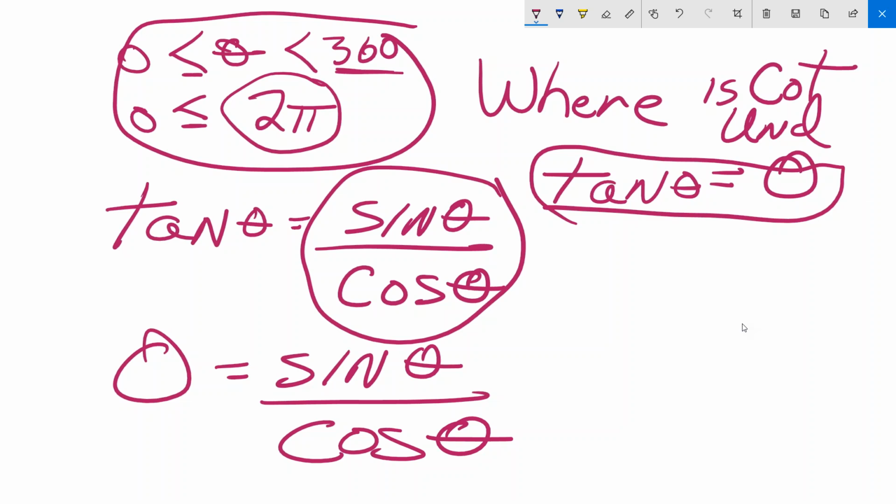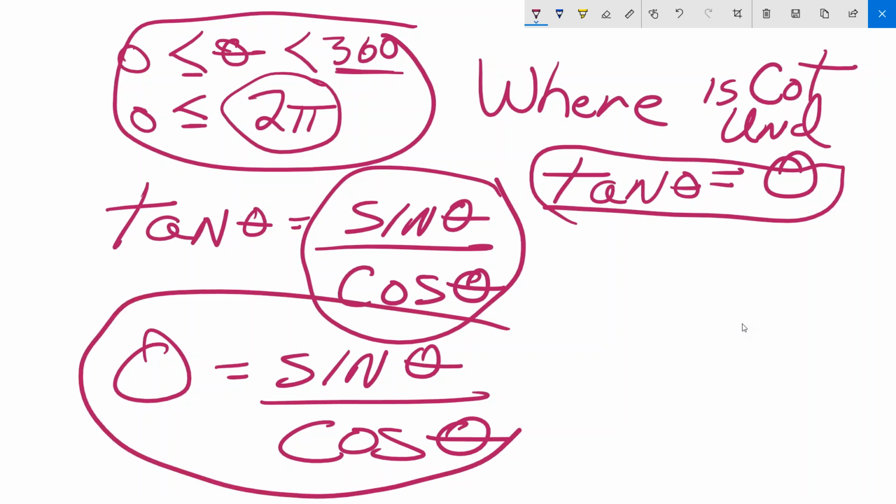If sine of theta is equal to a number, well then this whole thing cannot be equal to 0. The only way something can be equal to 0 is if the numerator is equal to 0. Okay? In other words, let's solve it algebraically. Let's multiply both sides by cosine of theta, which gives you 0 equals sine theta.